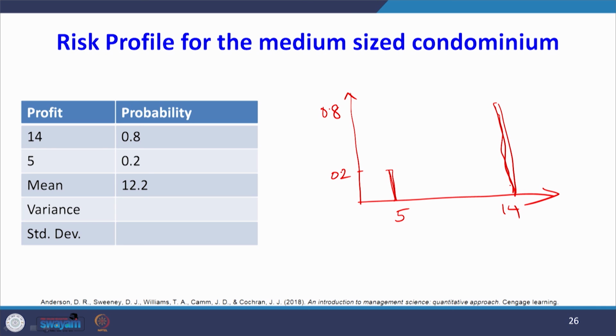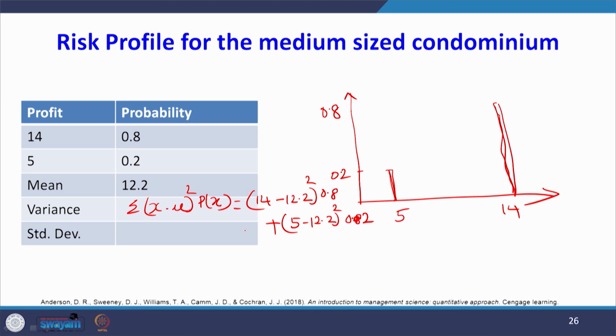If we quantify this risk, we know the mean is 12.2, and the formula for variance is the sum of x minus mu whole square times p of x, equal to 14 minus 12.2 whole square times 0.8 plus 5 minus 12.2 whole square times 0.2.